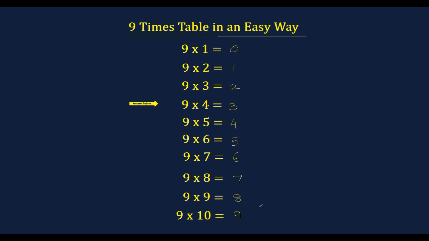Now I'm going backwards, again starting from 0: 0, 1, 2, 3, 4, 5, 6, 7, 8 and 9. That's all. We finished the 9 times table. 9 ones are 9, 9 twos are 18, 9 threes are 27 and so on. So this is an easy trick, an easy way to remember the 9 times table.